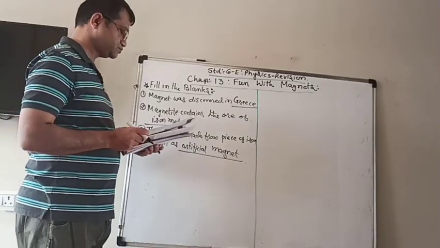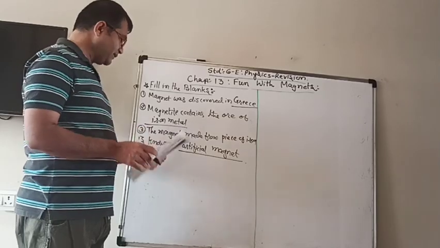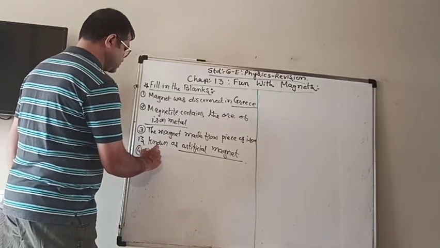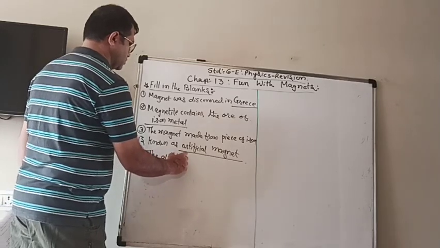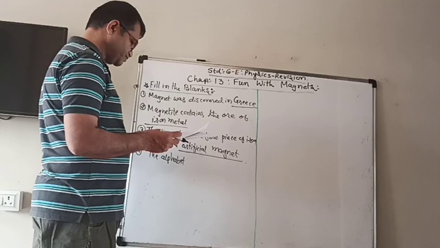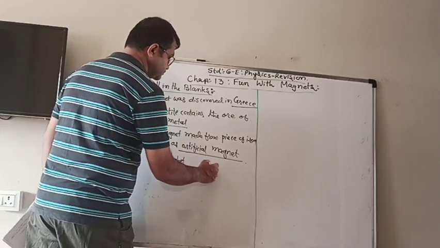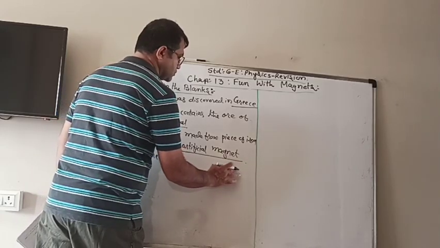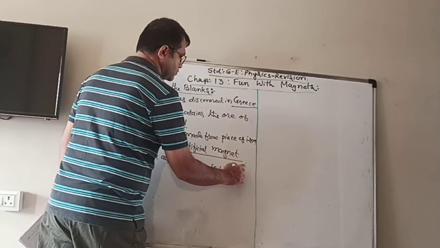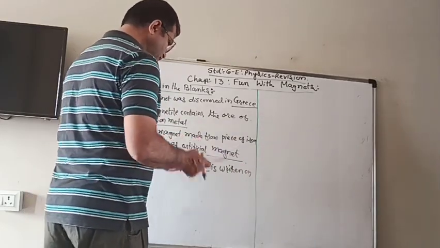Fourth, the alphabet blank is written on the south pole of a magnet.